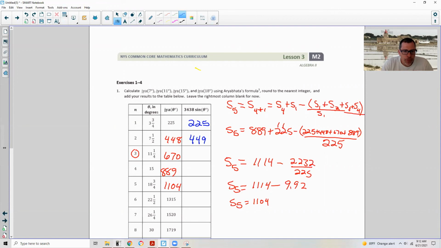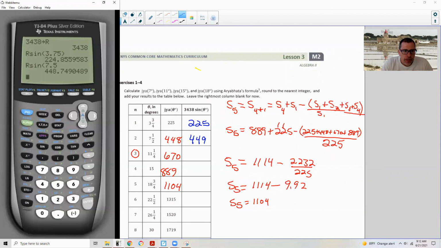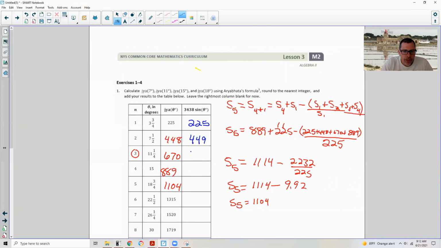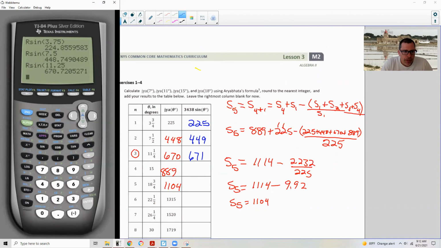Okay, so then we're going to do alpha r sine 11.25. Whoops, what happened here? Clear. Alpha r sine 11.25. Enter. And I got 670.7, which is 671. Okay, and we keep going.